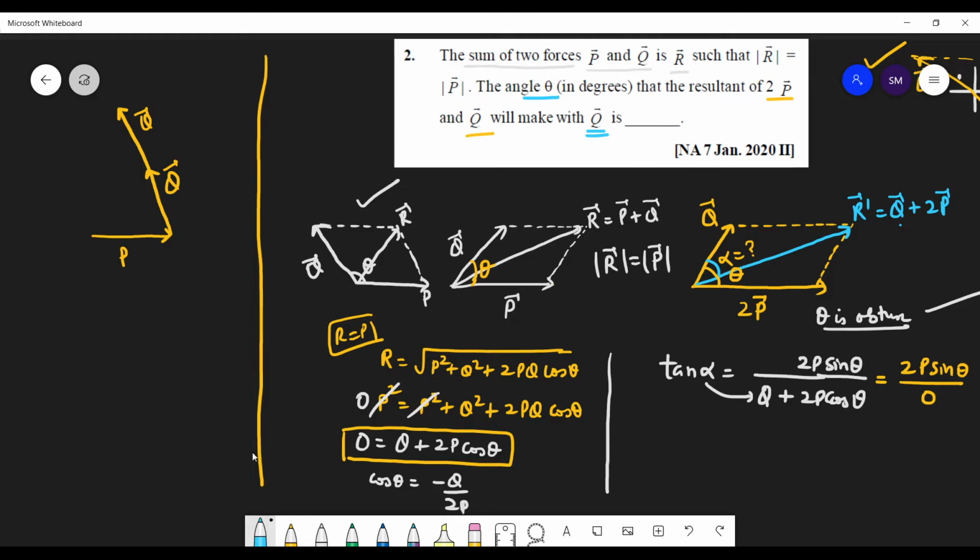Now what about the resultant? I can use the triangular law here. This is the resultant of vector P and Q, and its magnitude is P. So it is also P, and this is also P, so these two are equal.